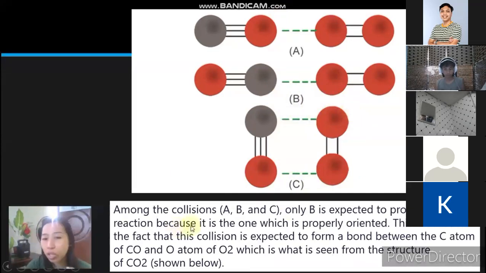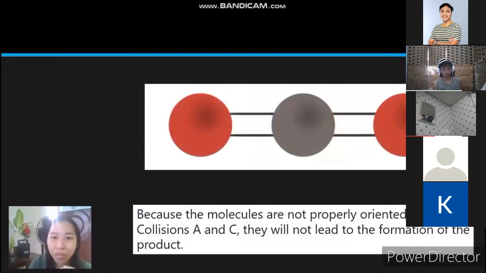So, mao na siya ang pasabot sa possible nga orientations. Now, among the collisions A, B, and C, only B is expected to proceed in a reaction because it is the one which is properly oriented. This is based on the fact that this collision is expected to form a bond between C atom of CO and O atom of O2, which is what is seen from the structure of CO2 below. So kung atong tan-awon ang CO2 nga molecule, ana ang iyang dagway.